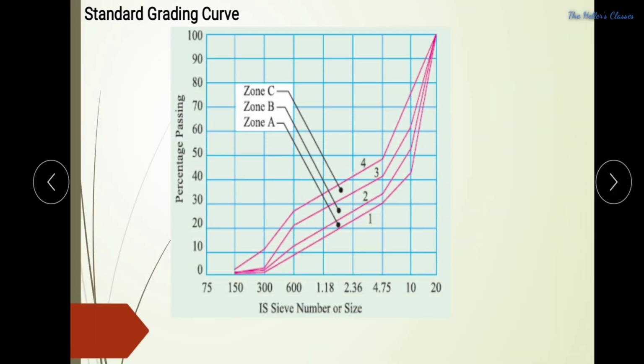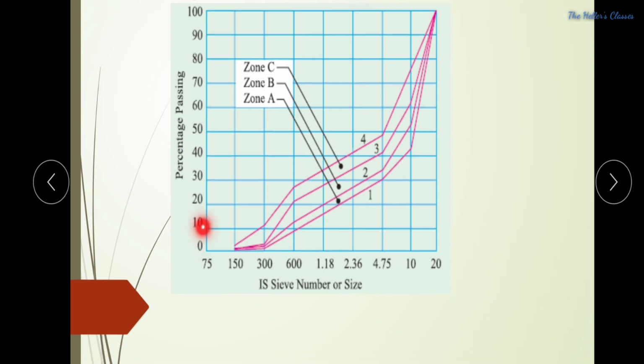The next one is the standard grading curve. If we want to grade any kind of material, either coarse aggregate or fine aggregate, based upon the curvature and sieve analysis we may get this kind of graph, and based upon this graphical representation we may classify which kind of zone it belongs to, whether zone A, zone B or zone C. Otherwise, especially in sieve analysis, we may get these kinds of graphs, and based upon these graphs we may find whether it belongs to zone 1, zone 2, zone 3 or zone 4.